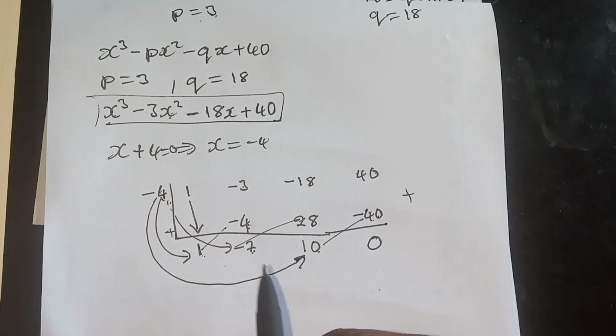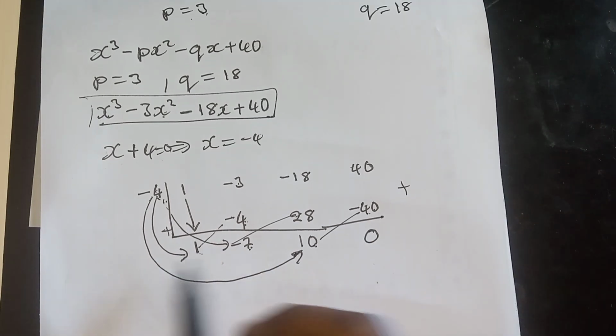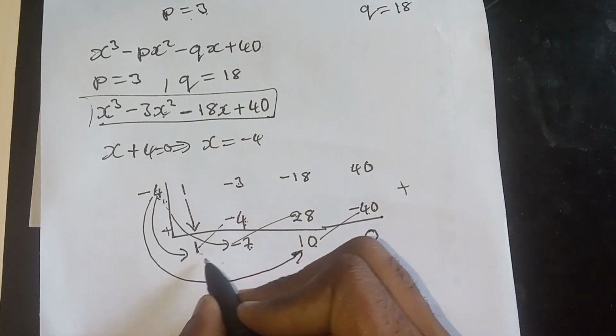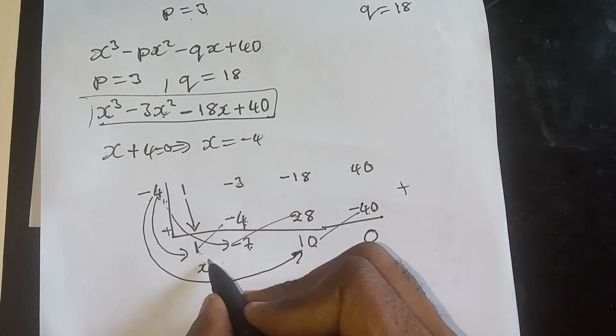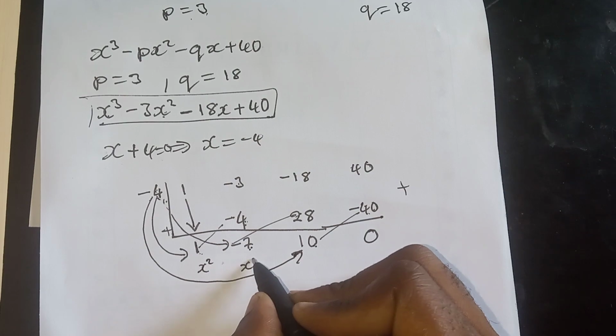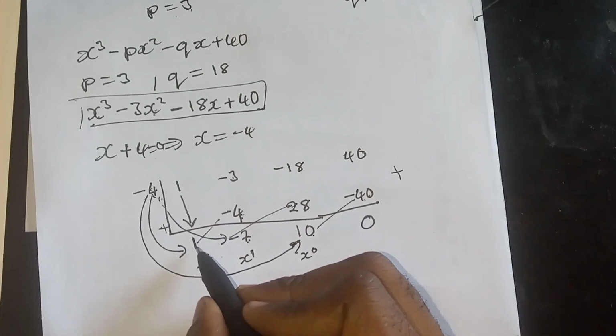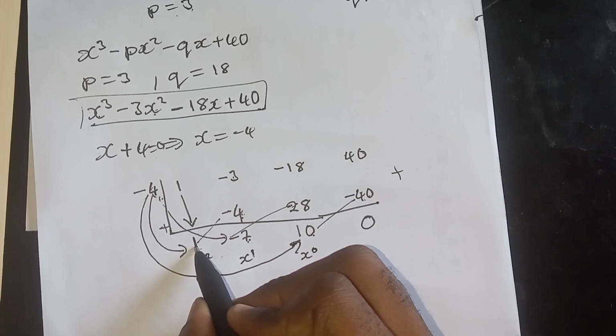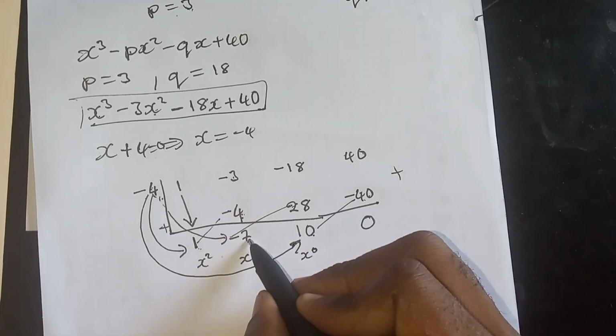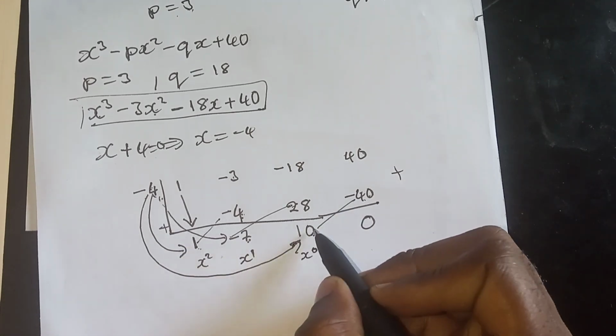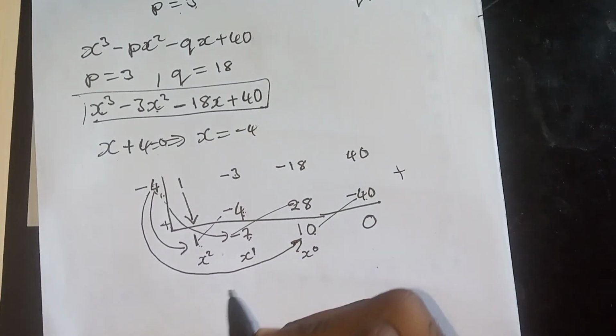Okay, so after you do this, you can think of these numbers as follows. This one will be the coefficient of x squared, this one the coefficient of x, and this the constant term.